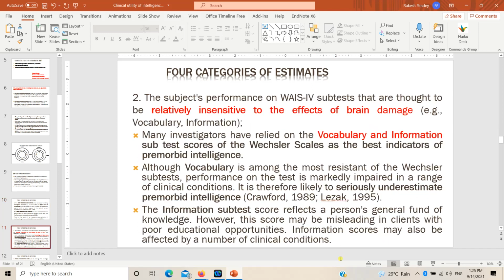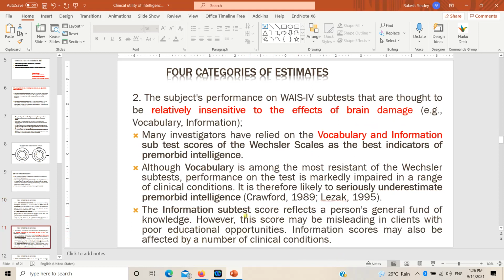So the second method is to select that subtest of any intelligence test, say for example Wechsler Adult Intelligence Scale 4th edition, that is considered to be relatively less sensitive or insensitive to the effects of brain damage.